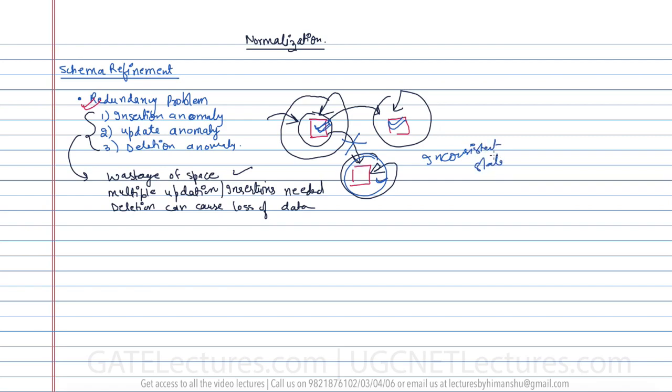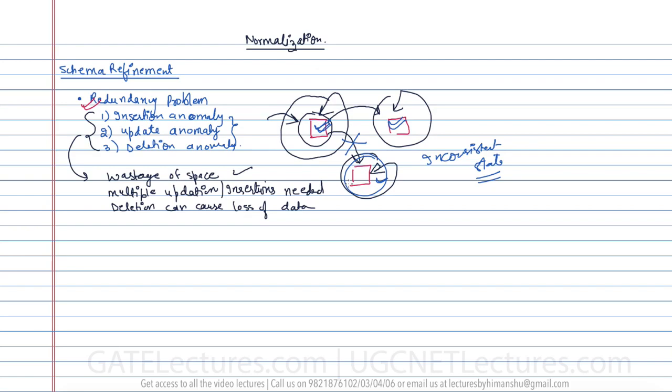That inconsistent state is caused by these kinds of anomalies, and can cause an inconsistent state of the data items. So when we try to normalize the schemas, we are trying to remove all these anomalies.